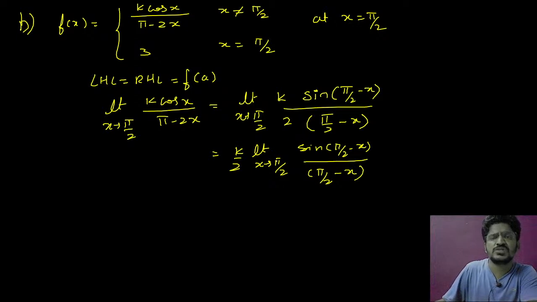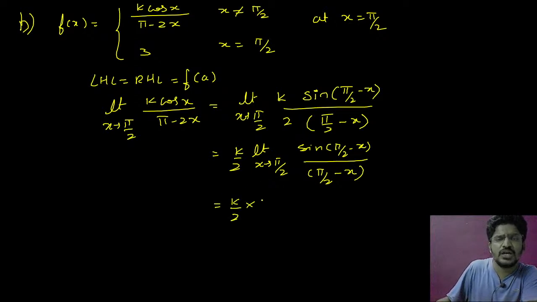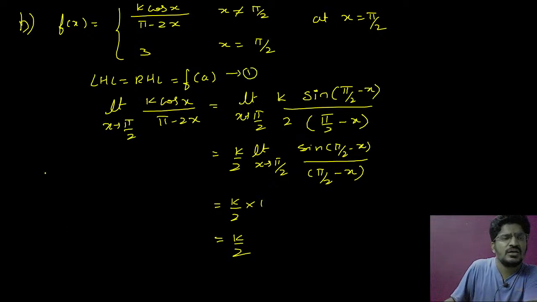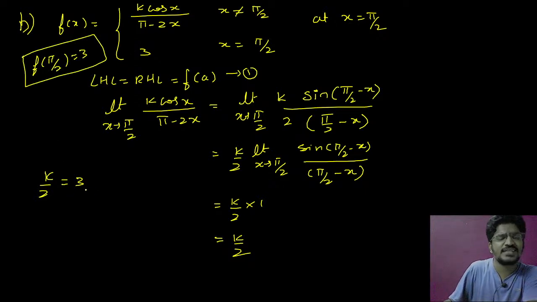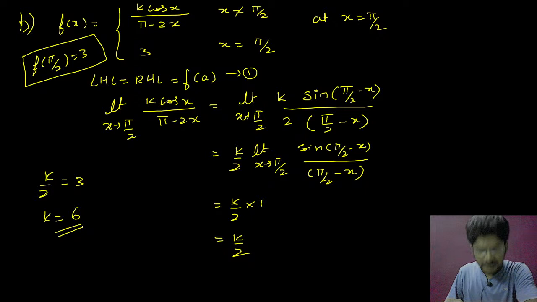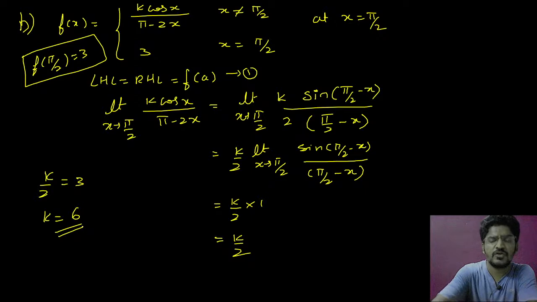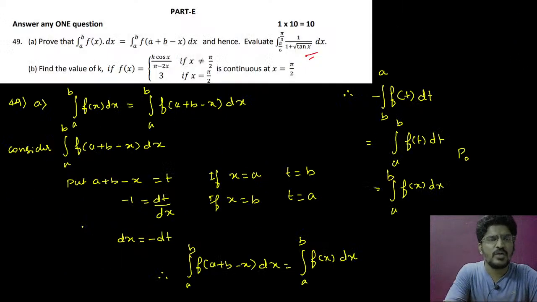This term is going to be 1, so k by 2 into 1 equals k by 2. From equation 1 we can write k by 2 is equal to 3, because f of pi by 2 is equal to 3. So k equal to 6. k equal to 6 is our answer for question number 49. Very simple problem.